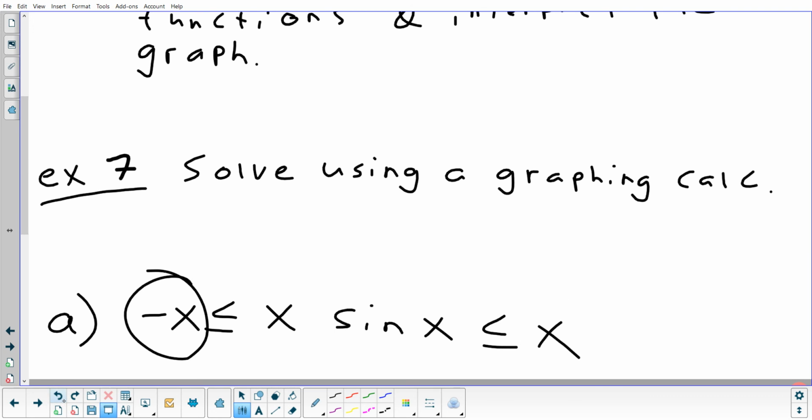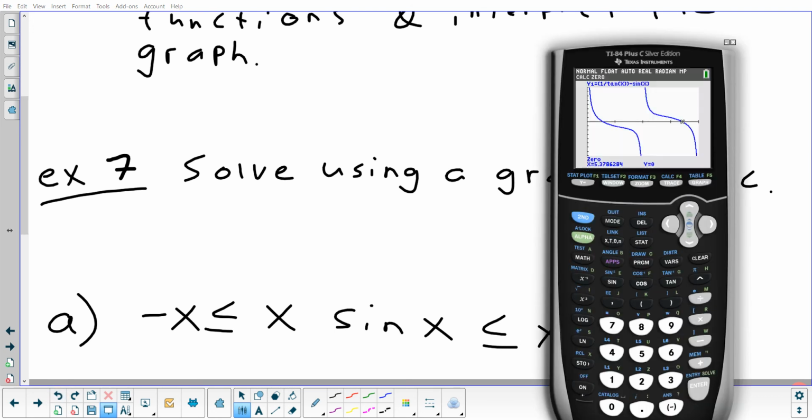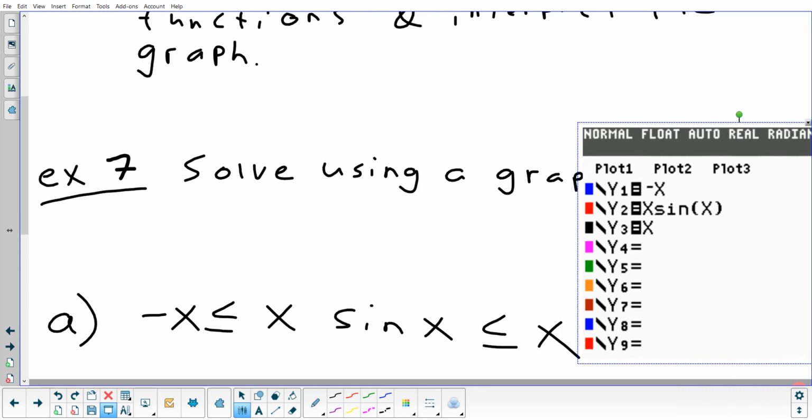I'm going to color code it once I figure out what colors I'm using. So let's put negative x in y1, x sine x in y2, and positive x in y3.